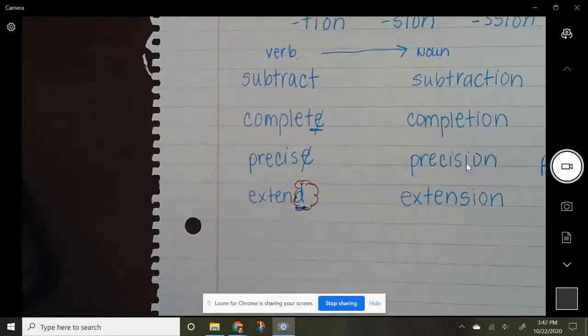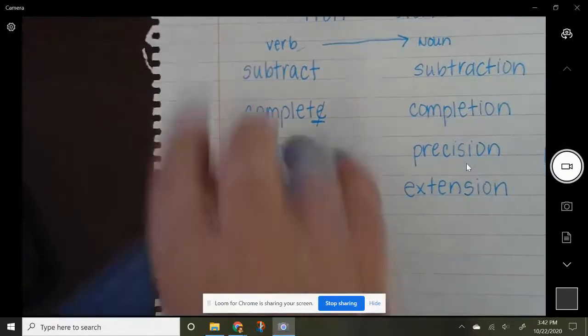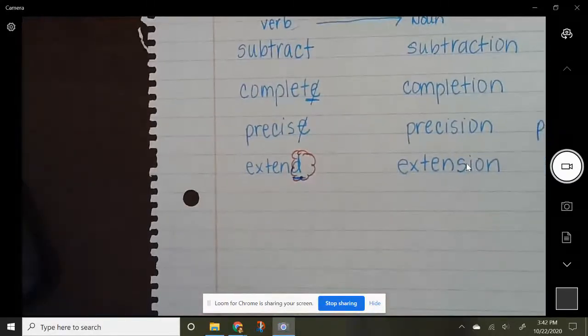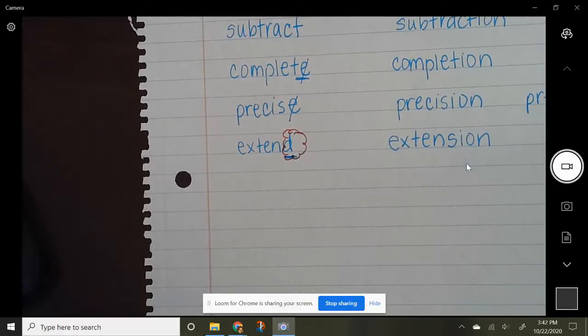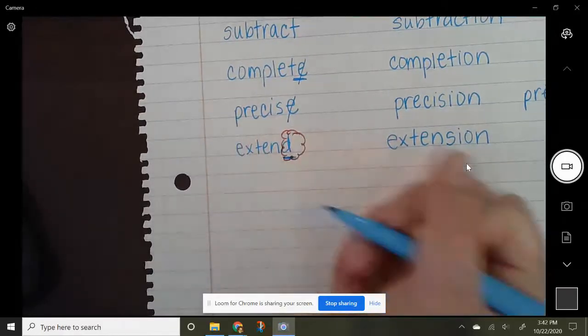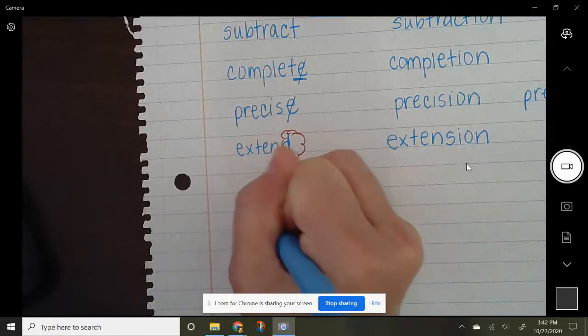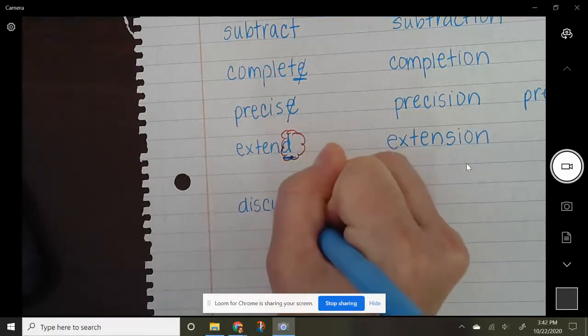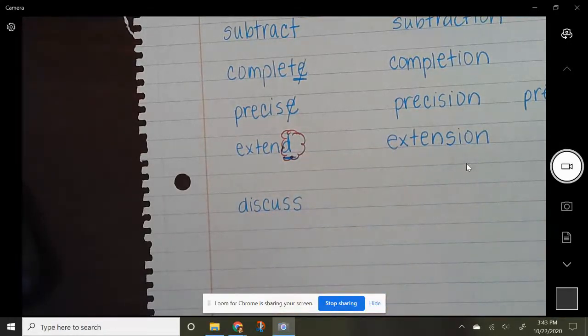Well, okay, now we're getting to be kind of the harder ones, and these are the ones that are more uncommon. We have the word discuss. Talk about it, discuss, or we can change it to a noun and have a discussion.